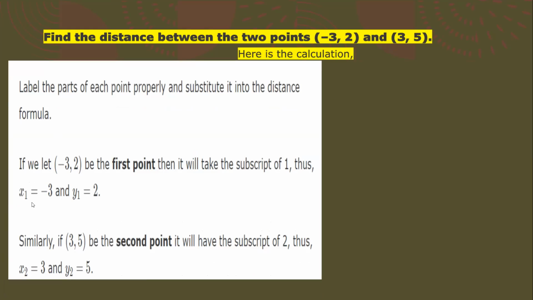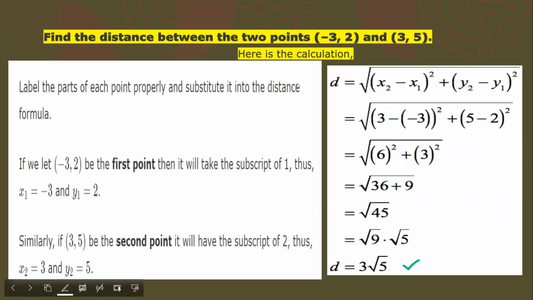Thus, x1 is equal to minus 3, y1 is equal to 2. Similarly, 3, 5 is the second point, so it will have the subscript 2. Thus, x2 is equal to 3 and y2 is equal to 5. The distance formula is given by the square root of (x2 minus x1) squared plus (y2 minus y1) squared.